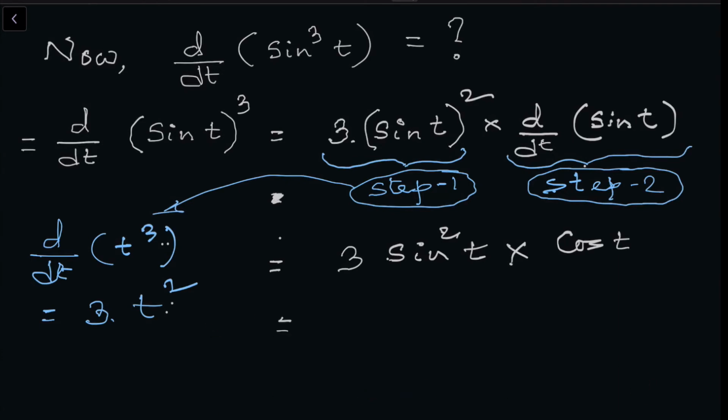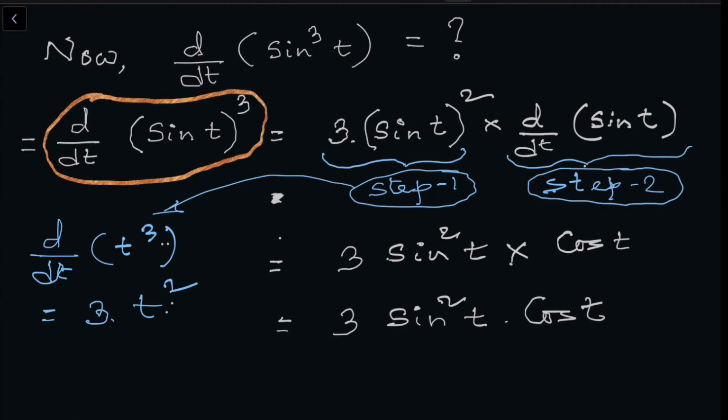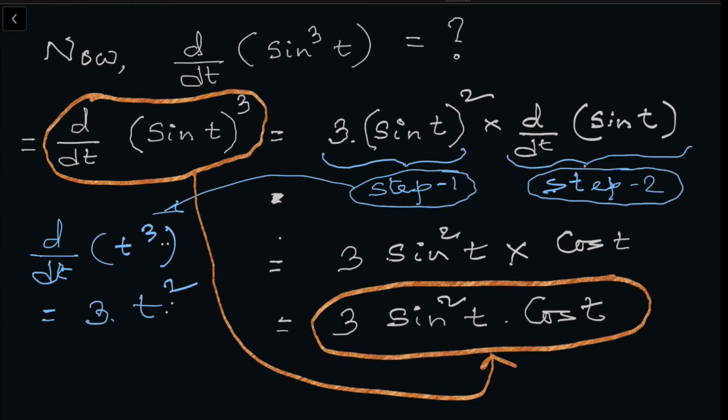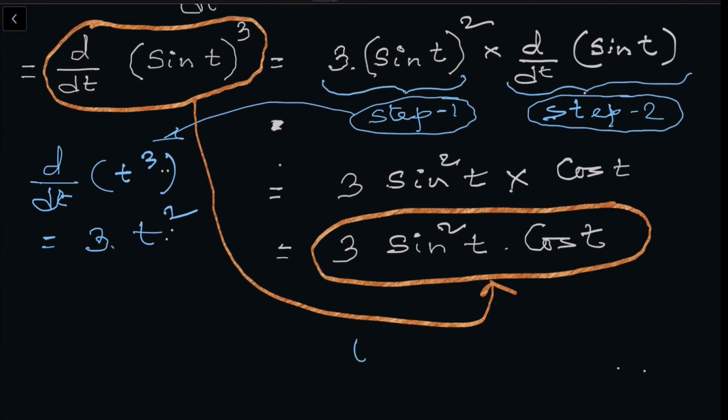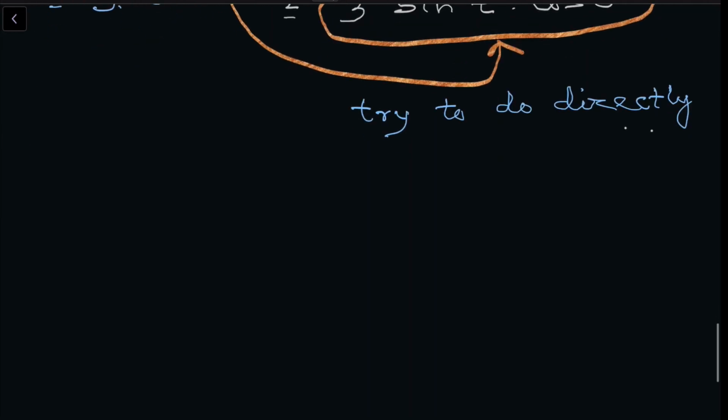The differentiation of sine cube t should be 3 sine square t into cos t. This is the answer. So you can do it directly. Think of it, practice it.